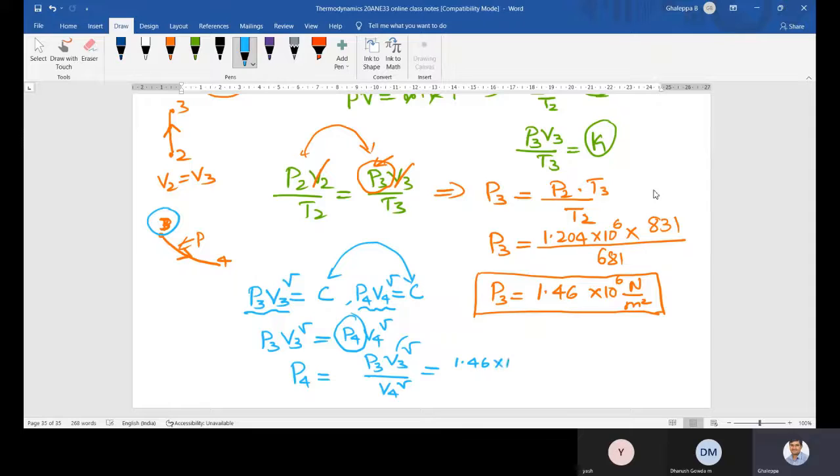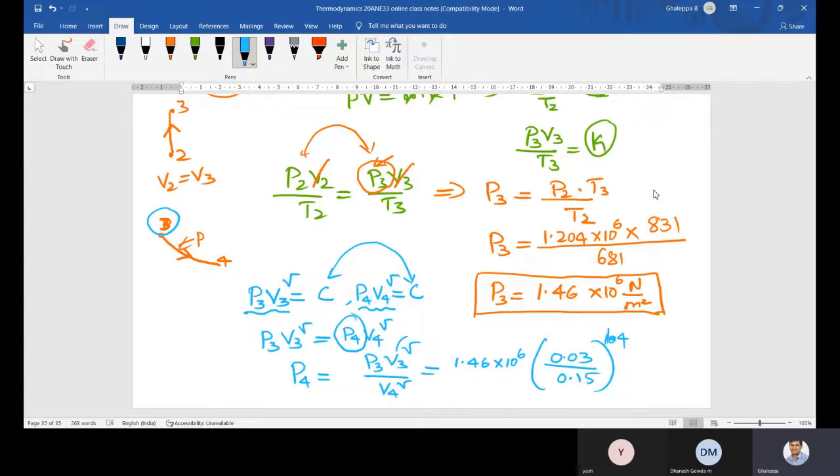So I will substitute the PV values also. 1.46 into 10 to the power of 6, the V3 value is 0.03, V4 is 0.15, to the power of 1.4. So how much will you get? Simplify.